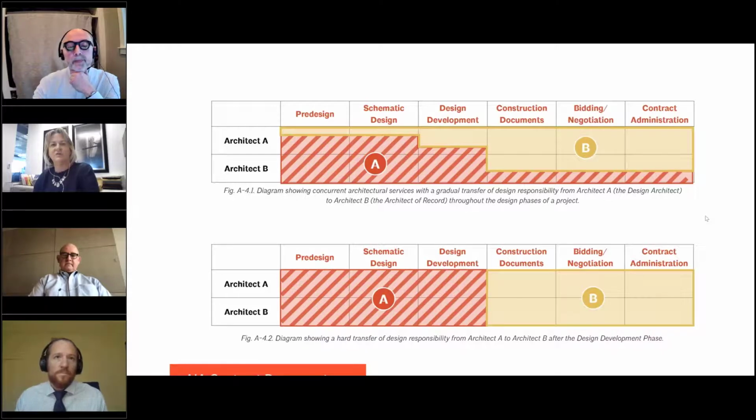And I think we came to the conclusion that it really can happen at different points in the project, but for the purposes of these documents, we had to come up with one scenario, and we chose that handoff would happen at the end of design development, giving the design architect the ability to design and detail the project up through design development and then hand it off at the construction document phase.